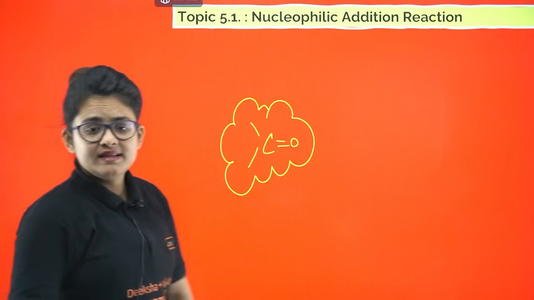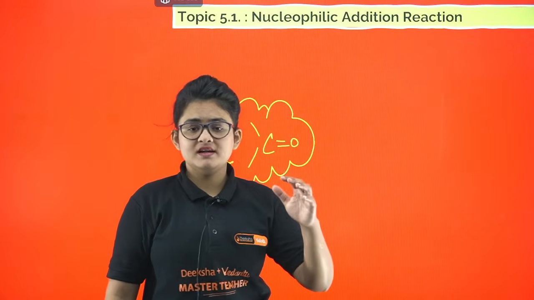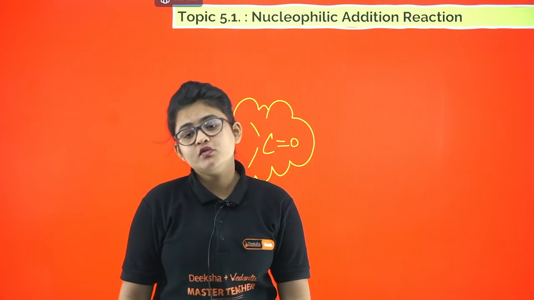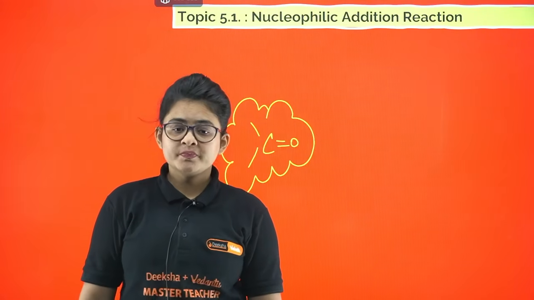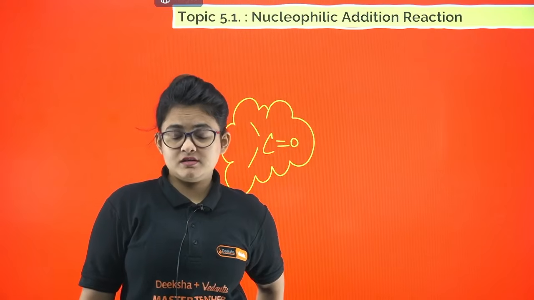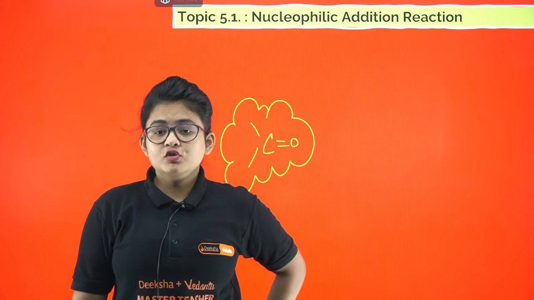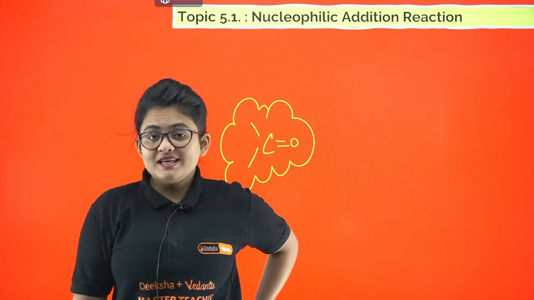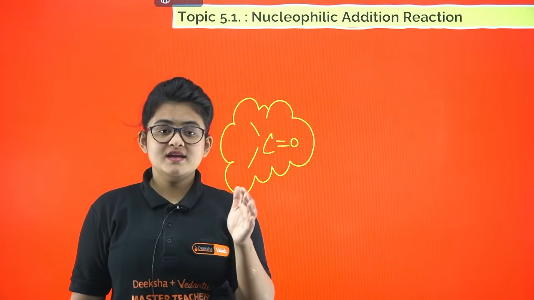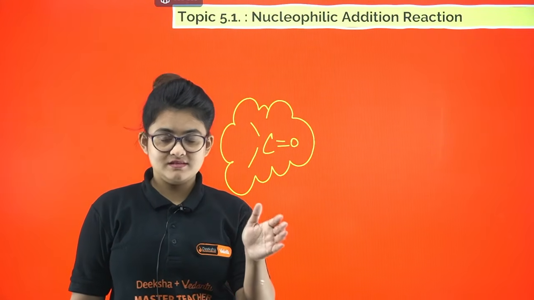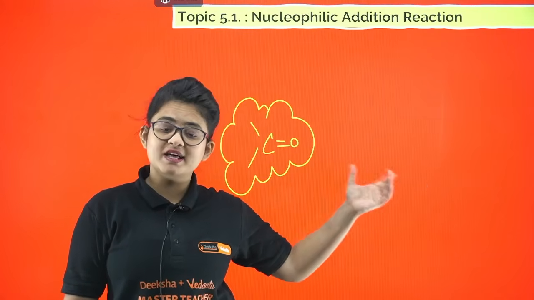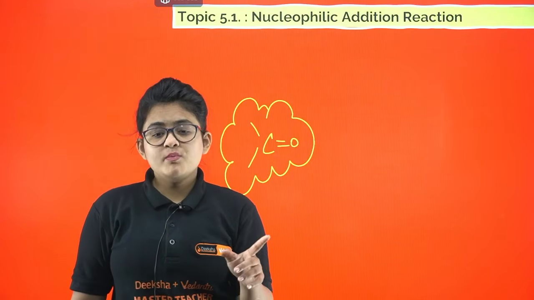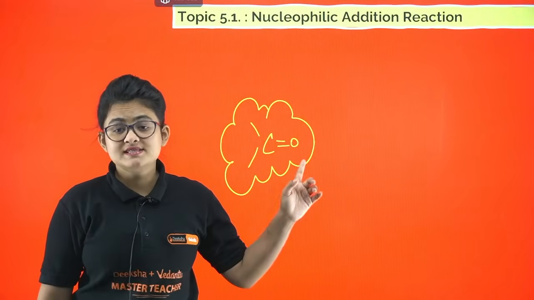They can directly ask you in the board examination to show the nucleophilic addition mechanism in C=O, or to write down the nucleophilic addition mechanism of HCN. Or they can ask you in KCET, when nucleophilic addition of HCN takes place, meaning C=O plus HCN, what is the product formed? One very important product will be formed, that is cyanohydrin.